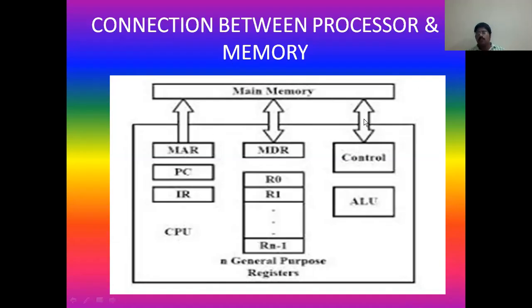If you observe these two buses, they have two-way arrow symbols. That means they are bidirectional buses. What does bidirectional mean? Using that bus, you can transmit data from main memory to our processor, and also from our processor to main memory.